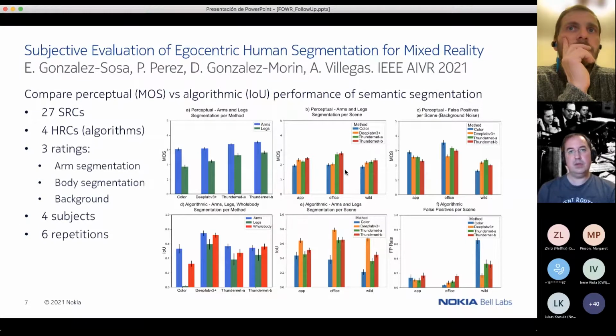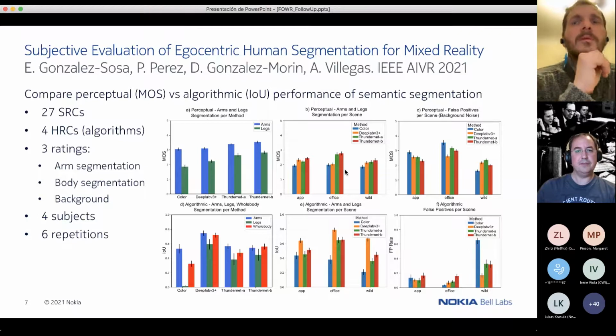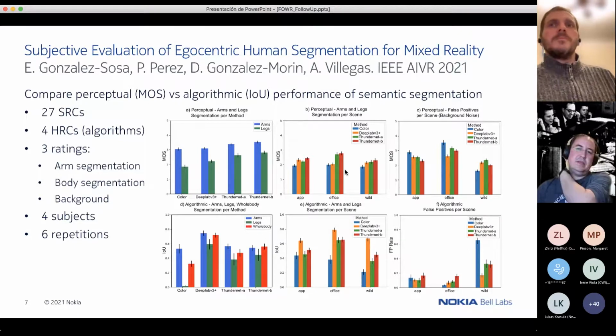And of course, we plan to complete that with a larger test with other subjects to contrast the results. But at least it gives an idea that this can work.